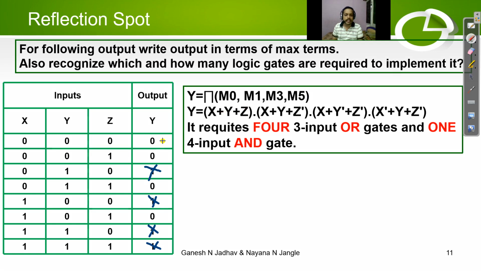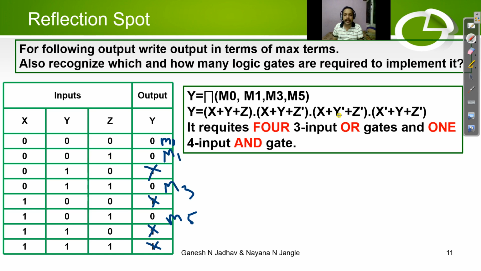This term is equal to M1, this term is equal to M3, and this term is equal to M5. So M0, M1, M3 and M5 are present. To get the output M0, x plus y plus z; to get the output M1, it is 0 plus 0 plus 1.